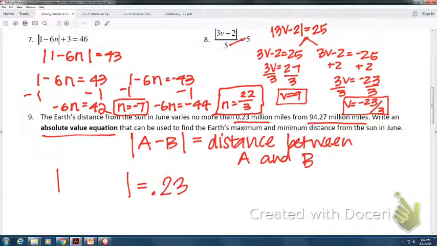So the distance between them is always what it's set equal to. Okay, what would be inside of my absolute value? 94.27. Okay, we know that's going to be in there. What else? Minus X. Okay, so how's it going to look inside of my absolute value? Very good. X minus 94.27. Okay, solve that.